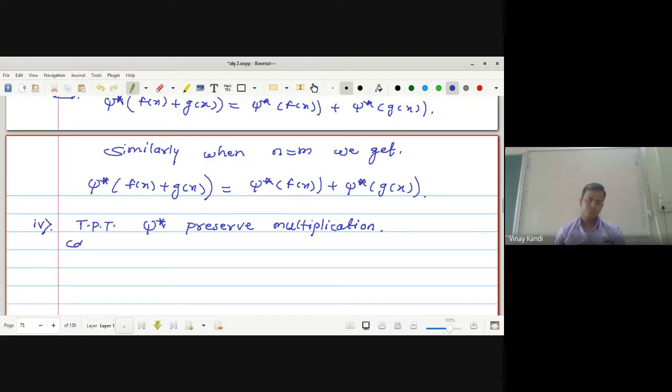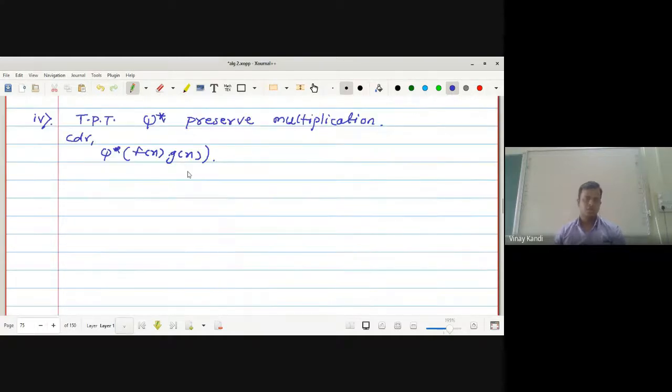Consider psi star of f of x into g of x, which is equal to psi star of, what is f of x? Alpha naught plus alpha 1 x plus up to so on alpha n x raised to n, into beta naught plus beta 1 x plus up to so on beta m x raised to m.